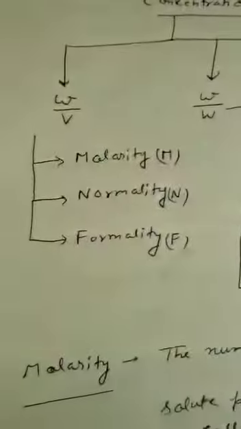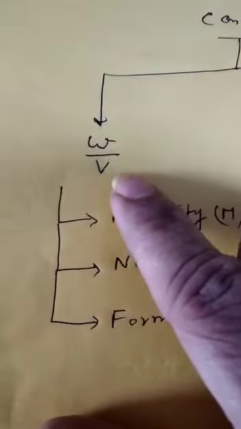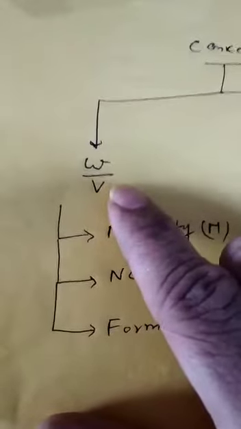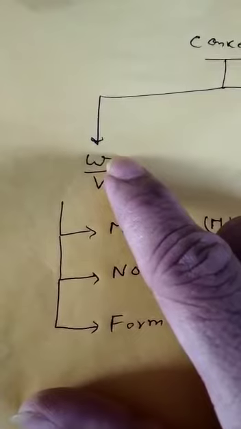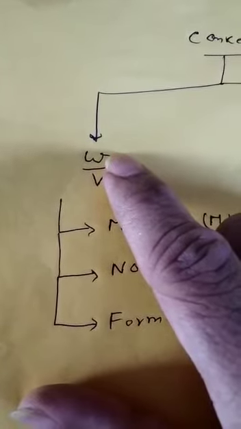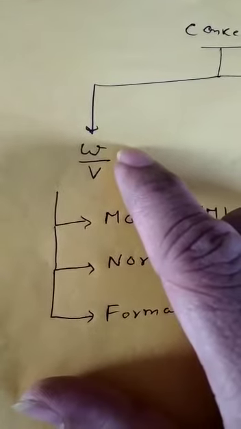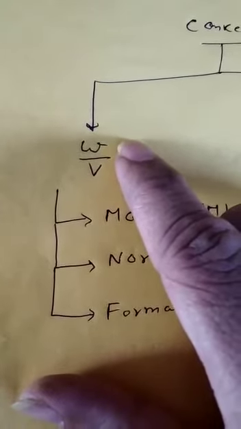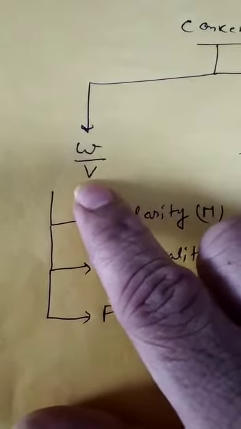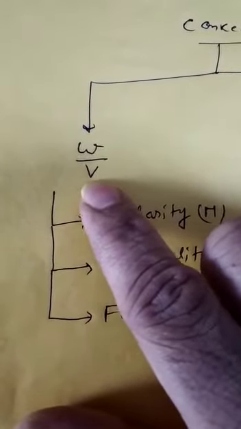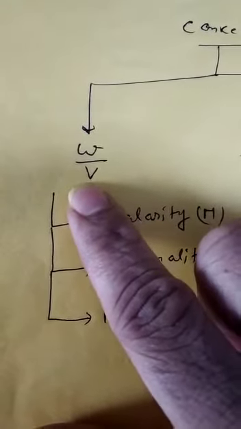What is the meaning of weight by volume units? The concentration unit in which the amount of solute is expressed in terms of mass or number of moles, number of gram equivalents, or number of gram formula mass, and the amount of solvent or solution is expressed by their volume is called weight by volume unit.